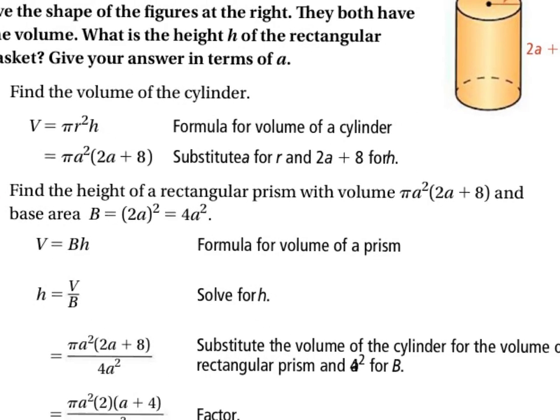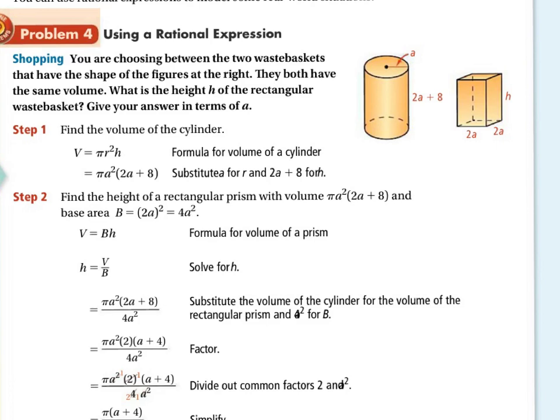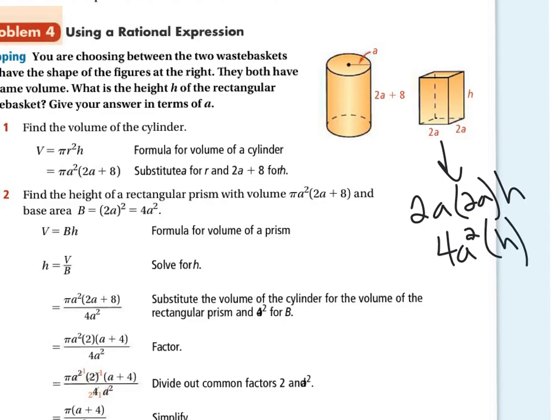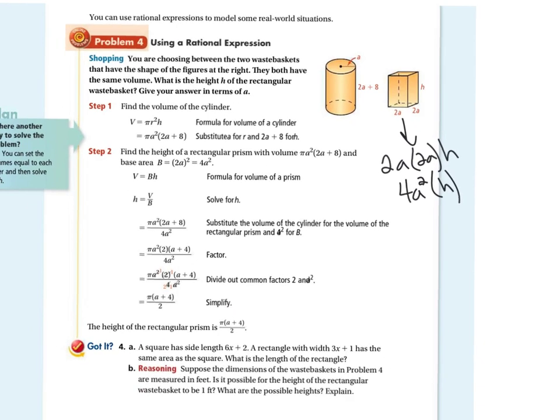And then for the rectangular prism, one way you could look at this rectangular prism, you'd be doing 2a times 2a times h. So that would be 4a squared times h would be that volume.